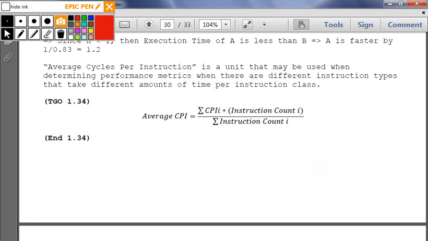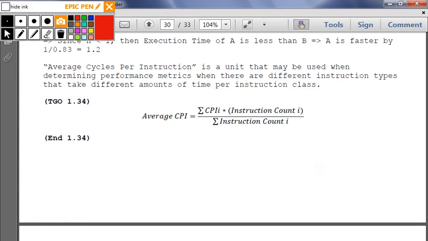So in a given problem, let's say you have 1,000 floating point instructions, 200 load store instructions, 100 memory type instructions, 50 jumps, and so on. For each instruction type, you have a different CPI, right? If you don't know the types of instructions I was just talking about, we'll get to that later in the course. The average CPI uses this equation: the summation of the CPI for each one times its count, divided by the summation of the total instruction count.